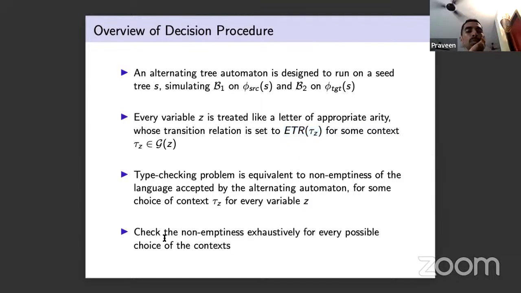Basically we get a decision procedure by checking the non-emptiness exhaustively for every possible choice of them. So this is the overall idea of our decision procedure.